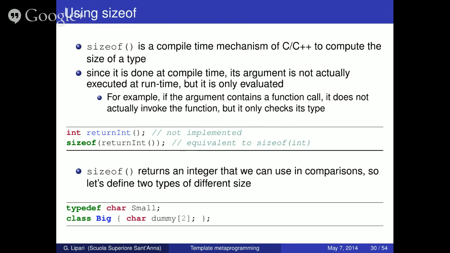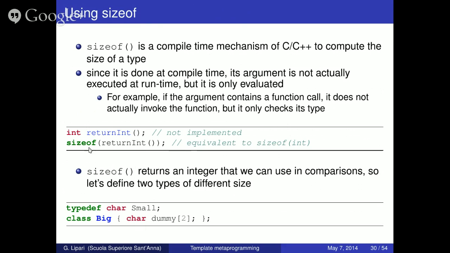In particular, if you give sizeof a function call, the function is not actually called, but only the return type is evaluated to understand what its size is. So sizeof does not execute any code. It is only a mechanism for the compiler to compute the size of the type. Okay? So remember, sizeof does not execute any code. It's substituted with a constant by the C++ compiler.